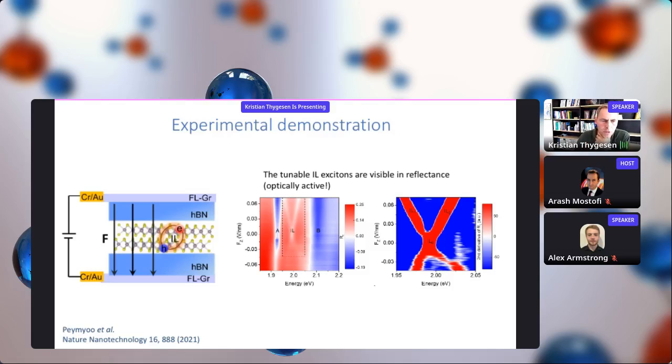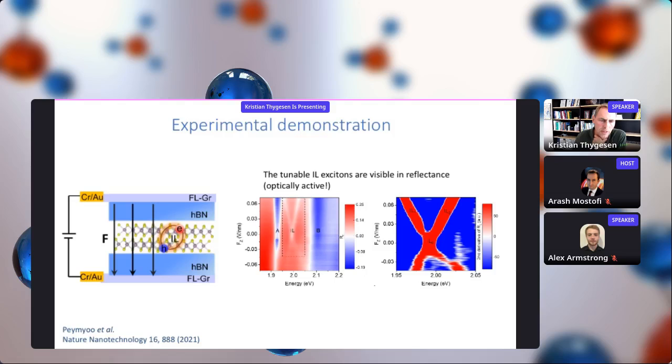These are experiments performed at Exeter University in the group of Saverio Russo, where they made this kind of detector and were able to really see how such mixed interlayer excitons form here in between the A and the B intralayer excitons.